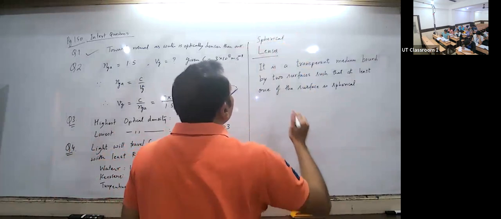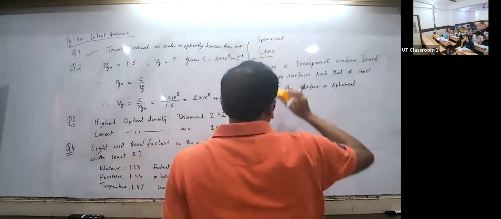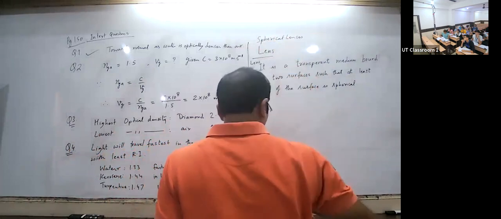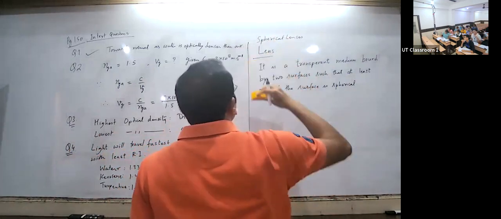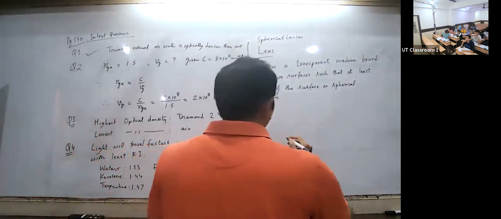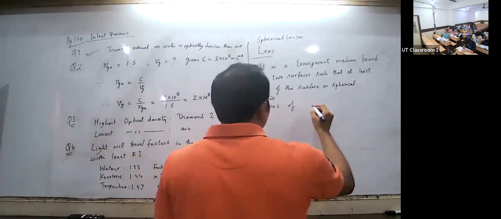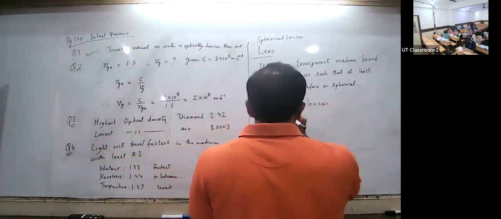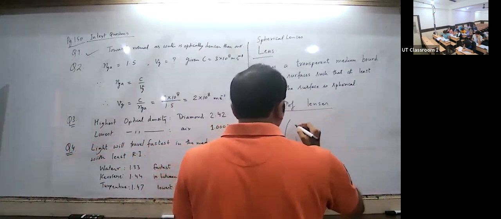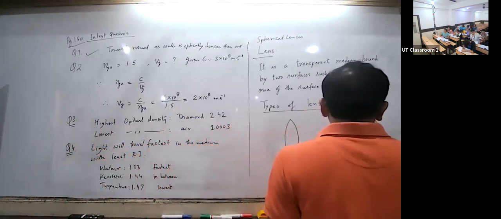And what is this? This is a lens. So, what are the two types of lenses we are going to learn? We have one like this. The other one is like this.